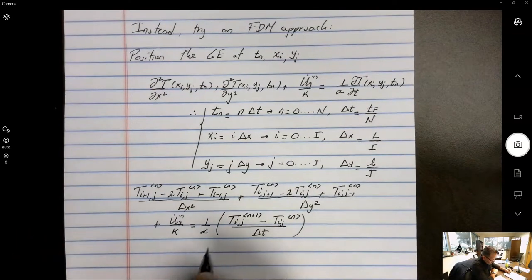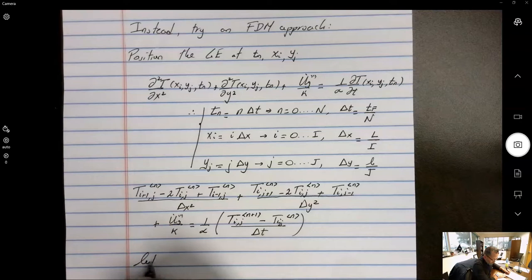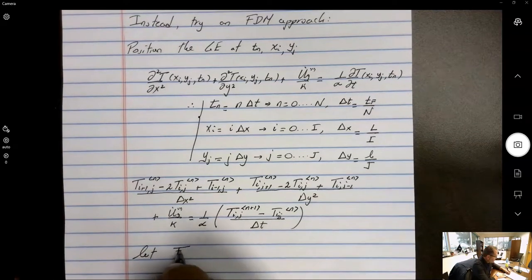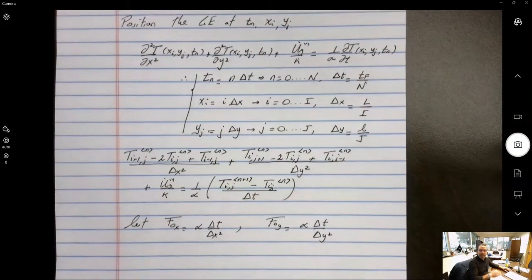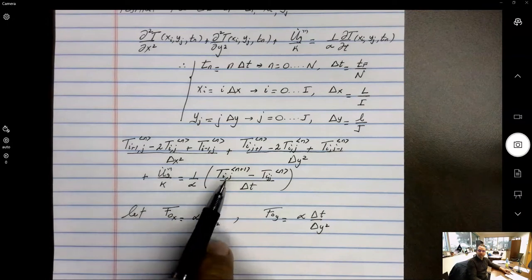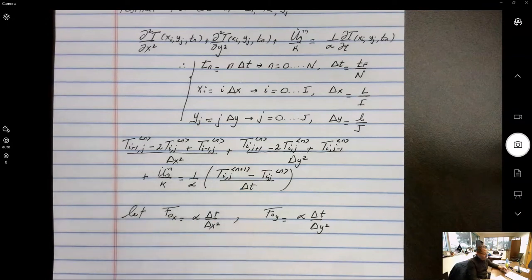We're going to let f_x, the Fourier number in the x direction, be that. We're going to let f_y be alpha delta t over delta y squared. Right, so that's going to come up when we try to solve for T_ij.